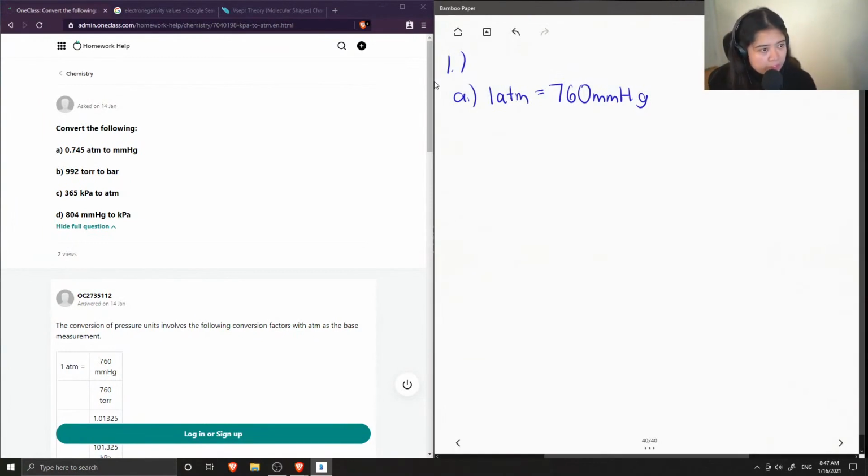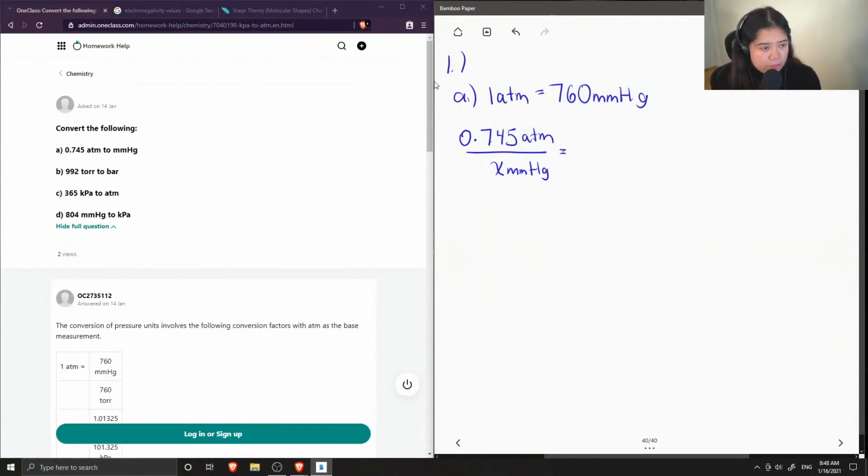So first, we just need to write down what is known, which is the 0.745 atm over x millimeters of mercury, which is the units that we're interested in.